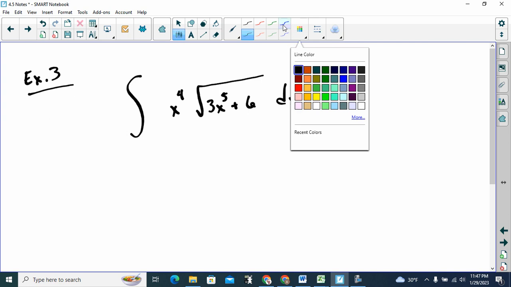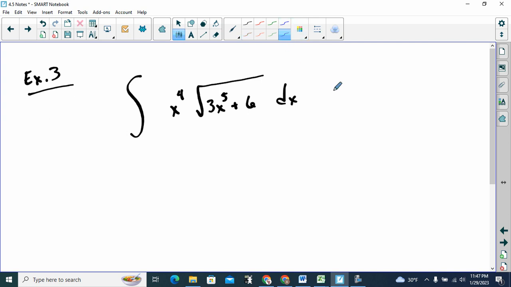Think about what you believe you should make u equal to. U should be equal to 3x to the 5th plus 6.